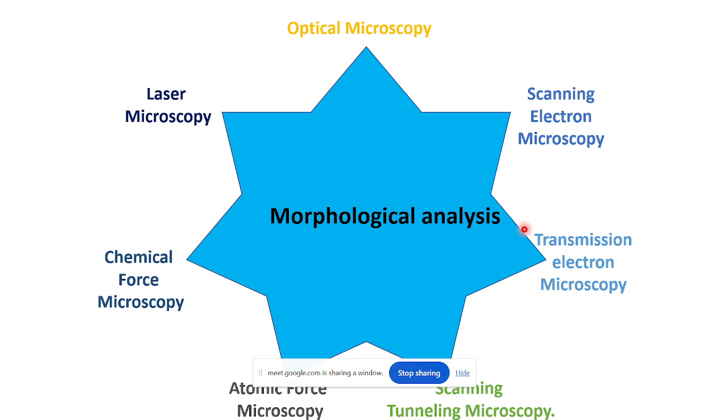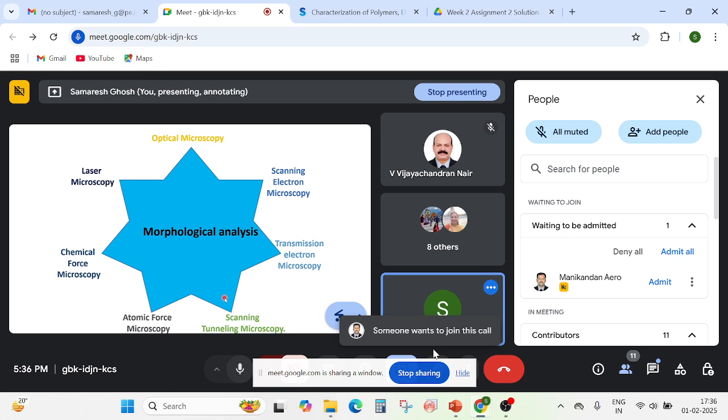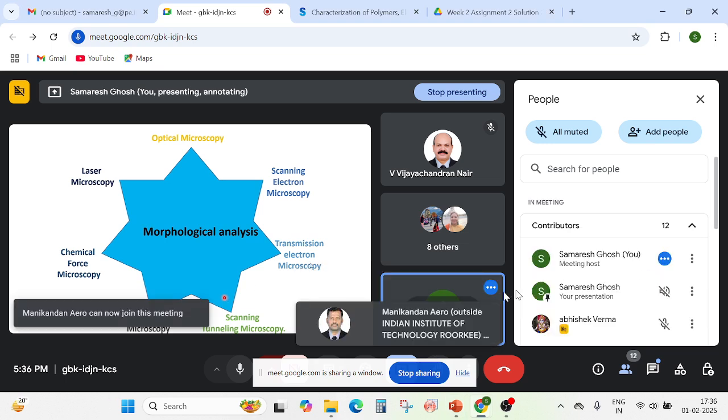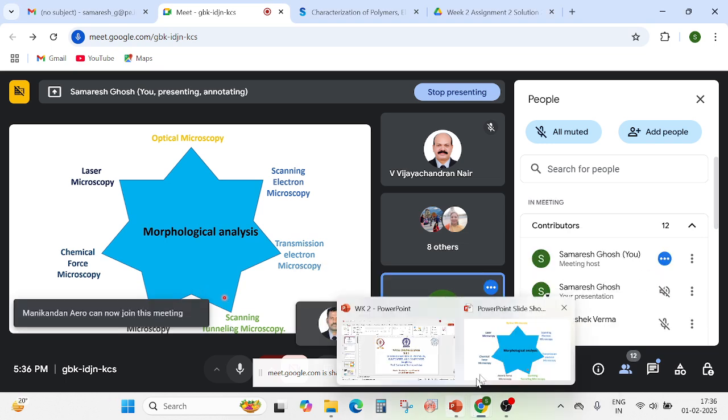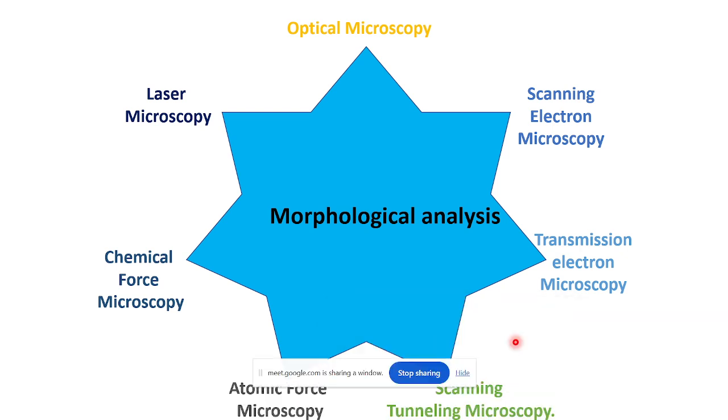So here I will discuss a little bit about SEM and AFM. For the scanning electron microscope, you have to put a very small amount of sample, either dispersed or in solid condition, inside a base, and you have to coat it with gold.